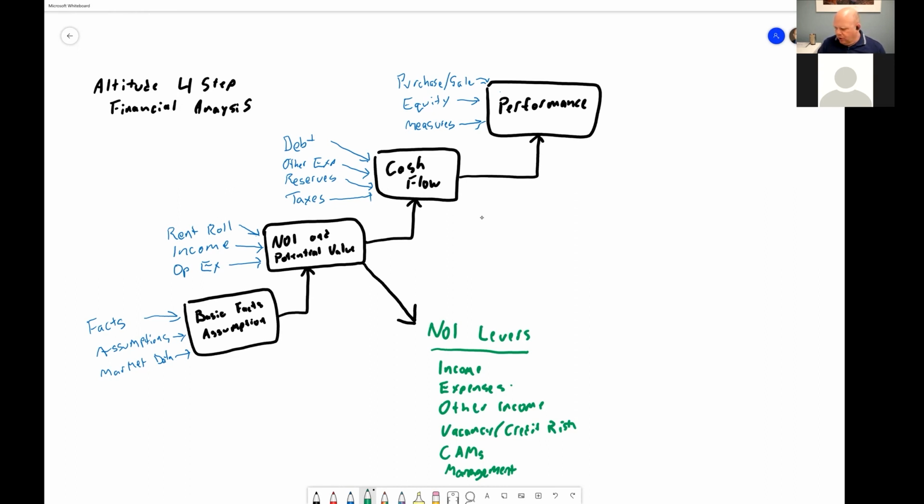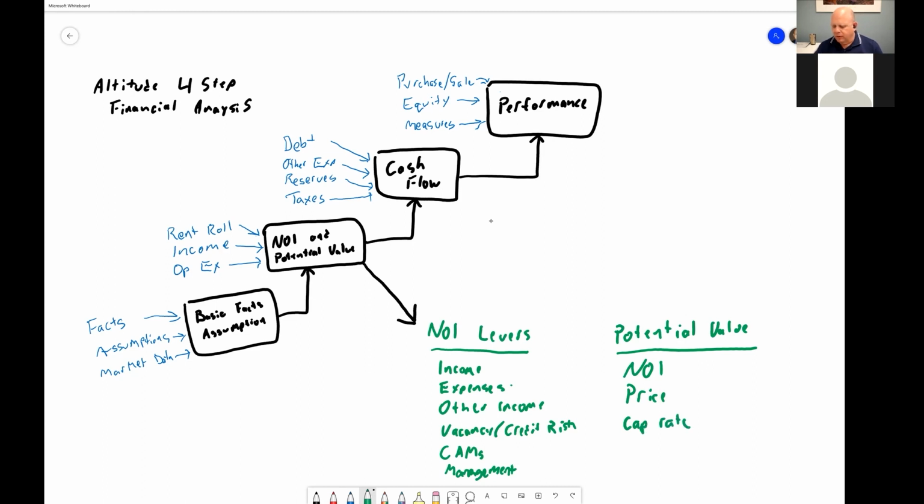So coming out of this same box, there's also levers for your potential value, right? And there, we've got our NOI, we've got our price, and we've got our cap rate.